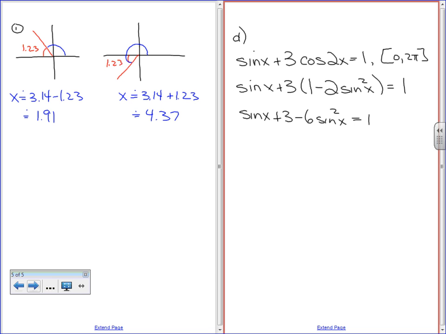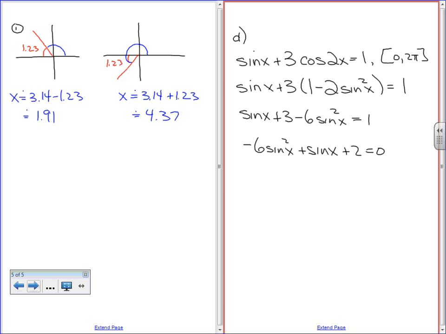Right. Remember, whenever you're solving a quadratic, you always have to set it equal to 0. So we're going to do that. The 1 would come across, become a negative 1, added to the 3, become a positive 2. Now you're in a position to factor.